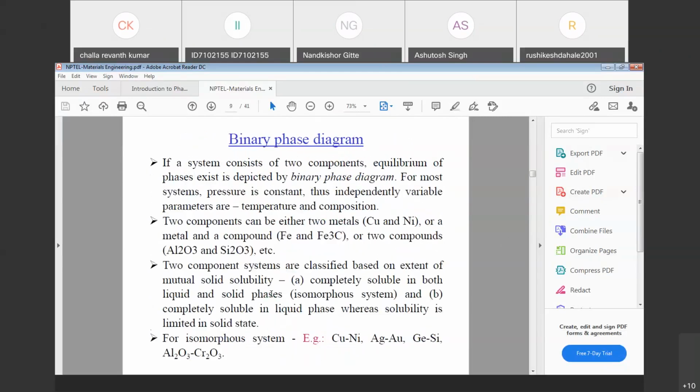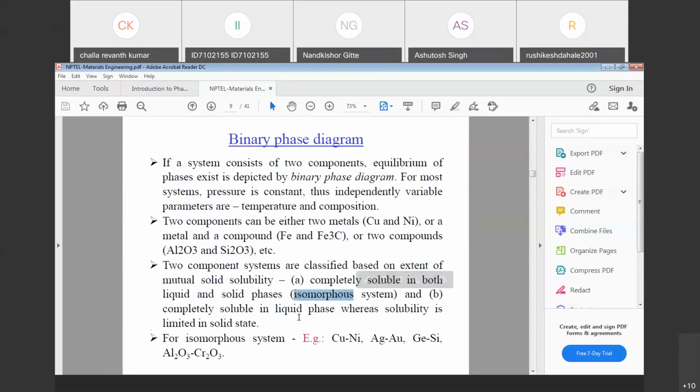So here, when we discuss binary phase diagrams, we have discussed that a two component system can be classified by the extent to which they are mutually soluble. If two components are completely soluble in both liquid and solid phases, they are known as an isomorphous system.